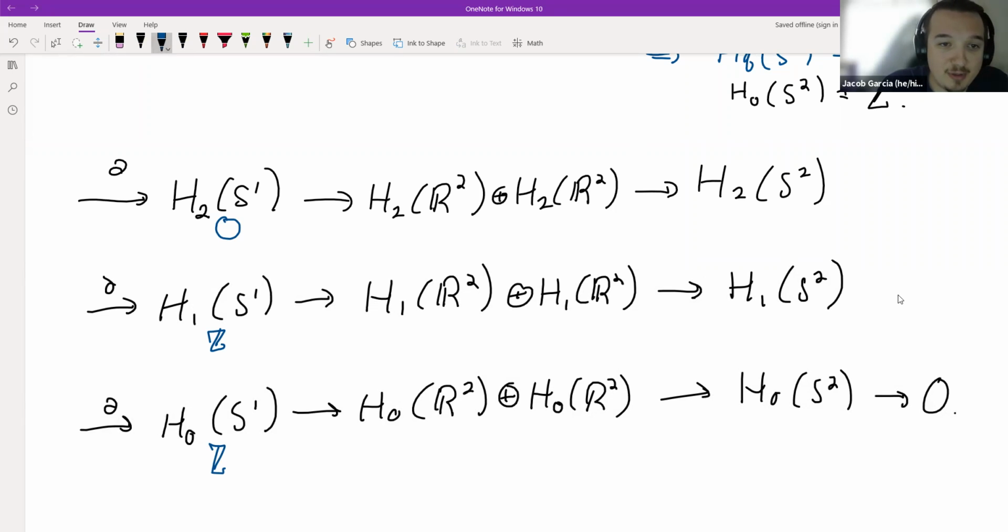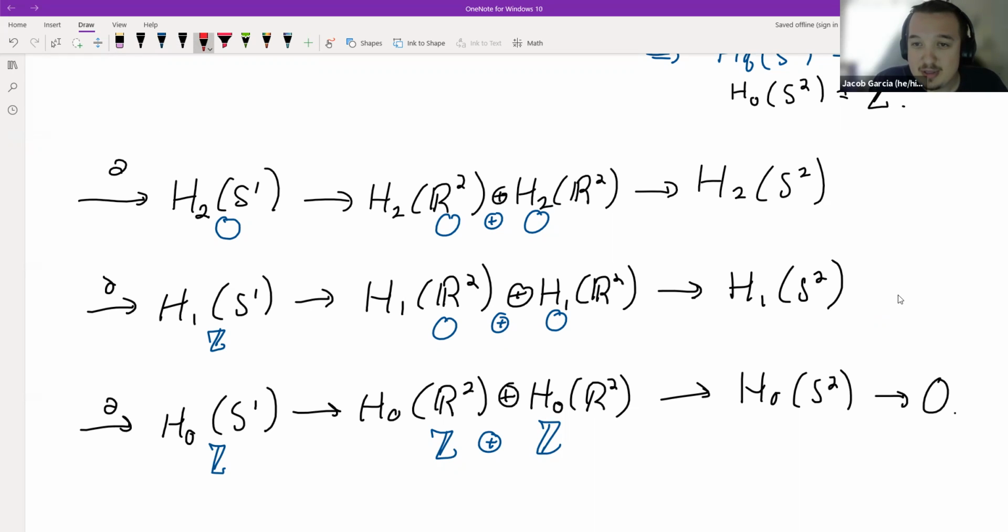I know that this is 0 direct sum 0, and that this is 0 direct sum 0, but that this is Z direct sum Z. And then H2 is unknown, H1 is unknown, but as we just stated, that's Z.